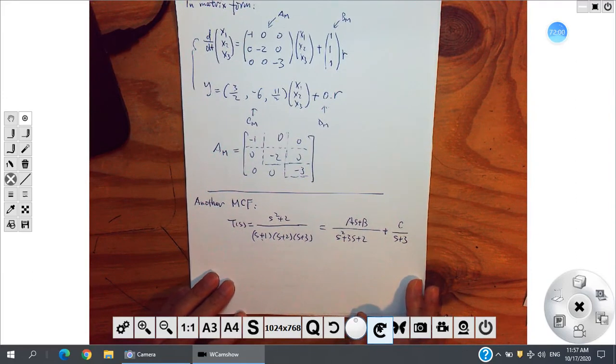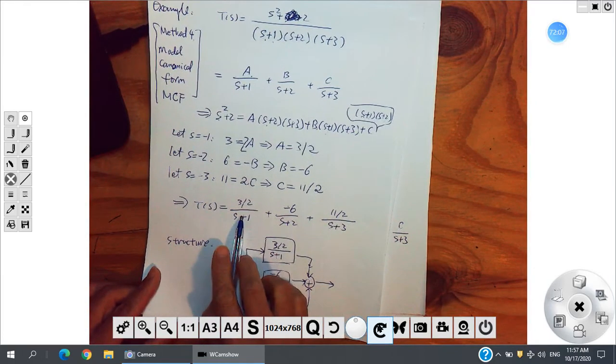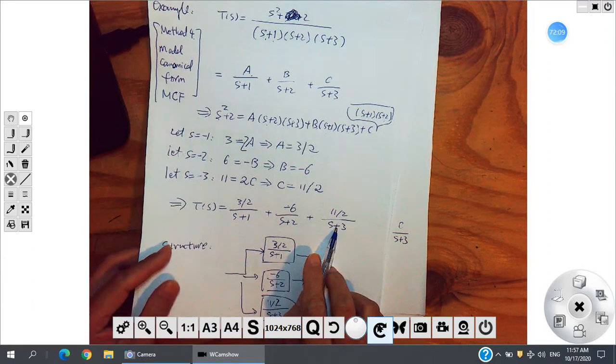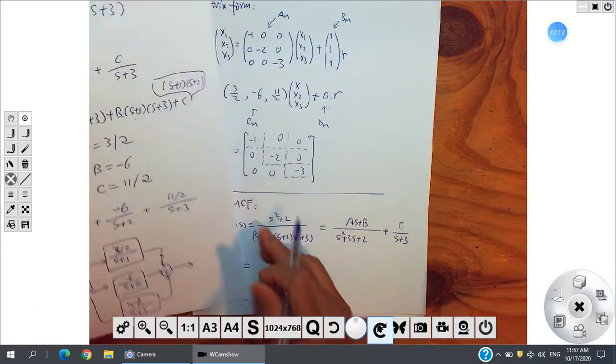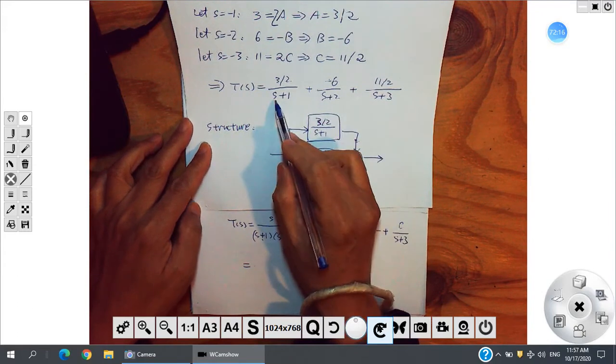This way, it's just I combine these two together and keep these separate. I combine these two together, so this will be a fraction.